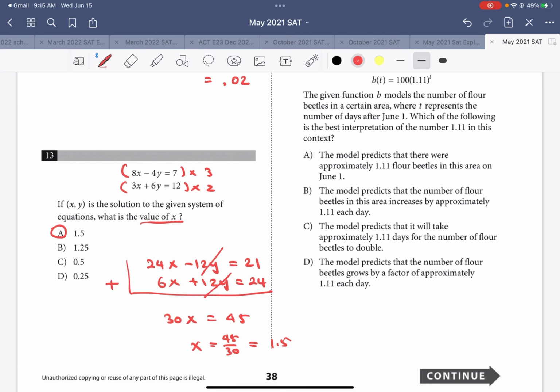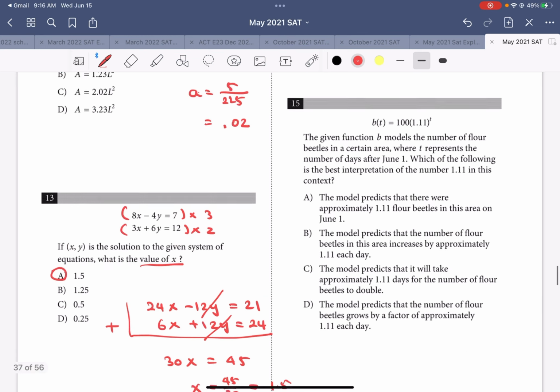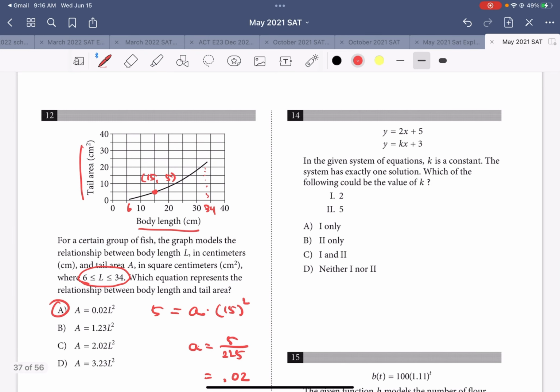Okay. Now number 14. In the given system of equations, k is a constant, and the system has exactly one solution. That means two lines, as long as they have different slopes, then they're going to hit once. Then one intersection, so exactly one solution.